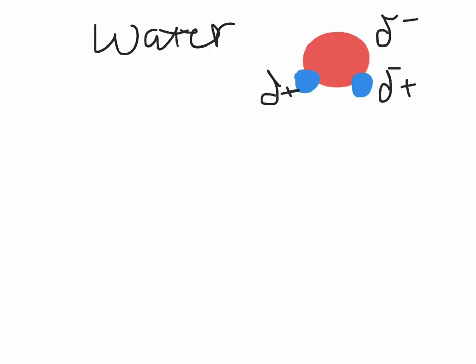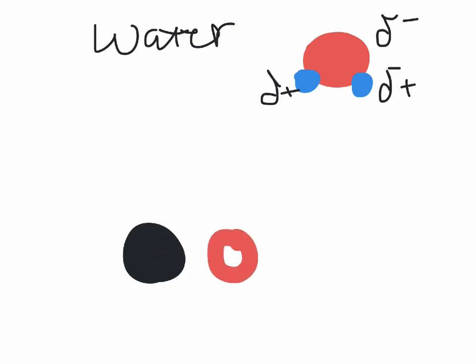All right, so now I want to talk about things like salts. Let's talk specifically about sodium chloride and its interaction with water. I'm not going to use red just because I don't want to confuse this.